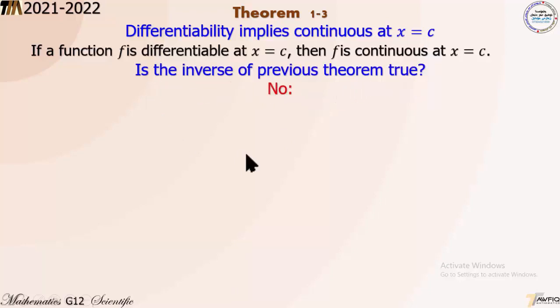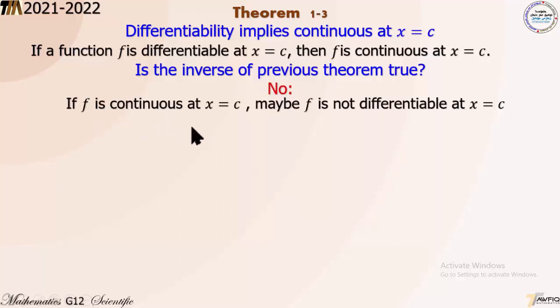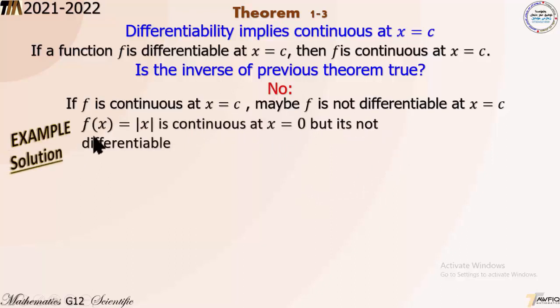No, because if f is continuous at x equal to c, maybe f is not differentiable at x equal to c. For example, the absolute value of x is continuous at x equal to 0, but it is not differentiable there. To prove that, take the limit as x approaches c of f of x minus f of c over x minus c.